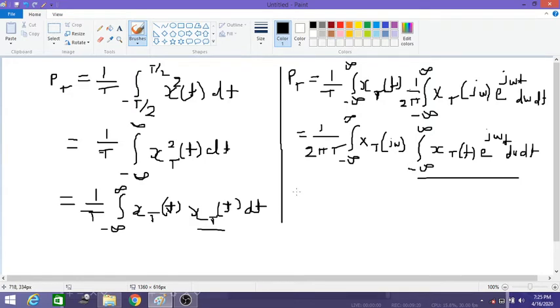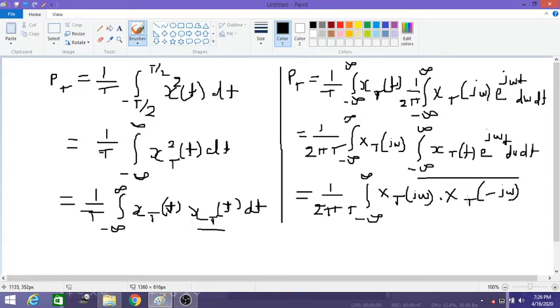If the minus sign is missing, then rather than writing X_T of j omega, I can write this as X_T of minus j omega, because here the minus sign is missing.